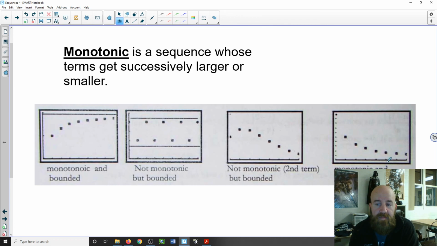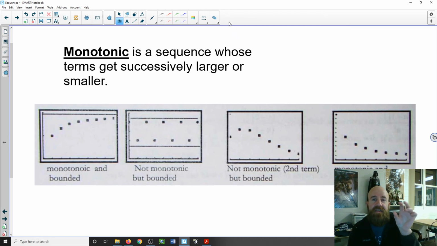Well, this is bounded because this one has an asymptote. We're never going to get to negative numbers. We're going to get closer and closer to 0, but never touching it. And we have a highest value. So this is bounded.